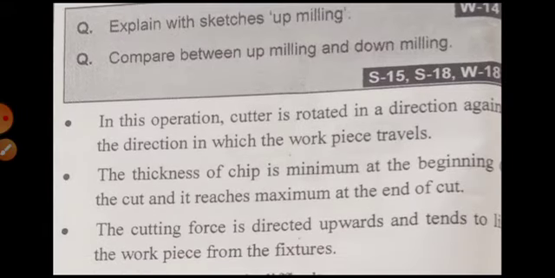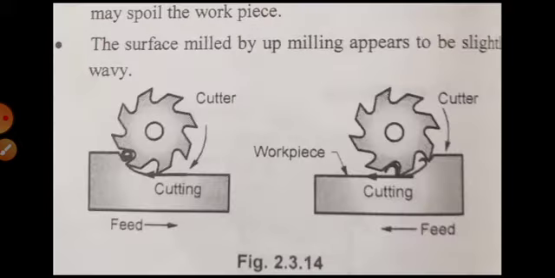In up milling, the cutter is rotated in the direction against the direction in which the workpiece travels. The figure elaborates up milling and down milling. On the left side figure is up milling, and on the right side is the down milling operation.